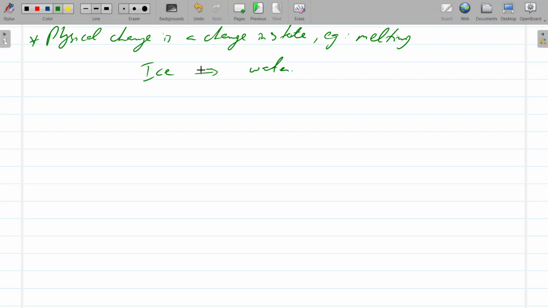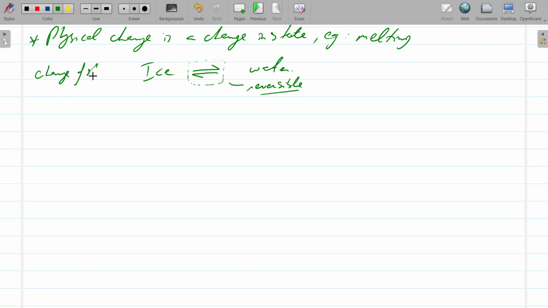And a physical change is reversible. The sign that you use for reversible reactions is you draw half arrows both ways. So this is the sign of something being reversible, and this is a change of state.